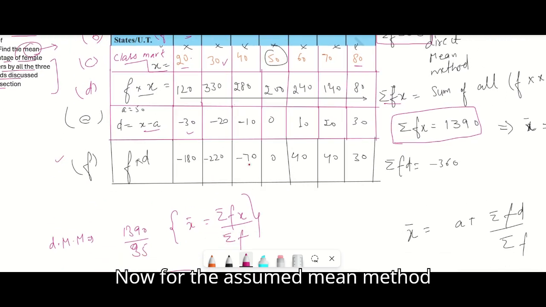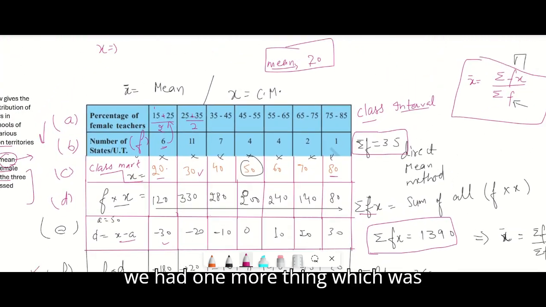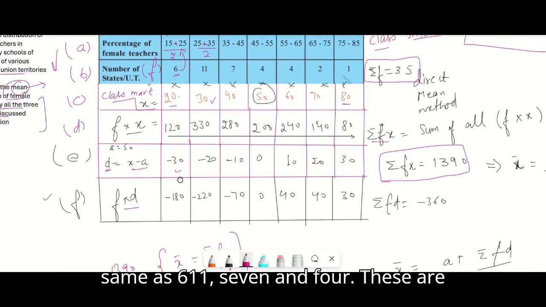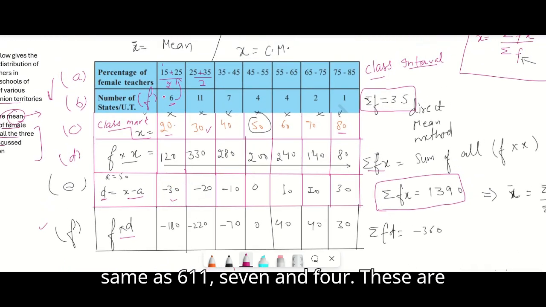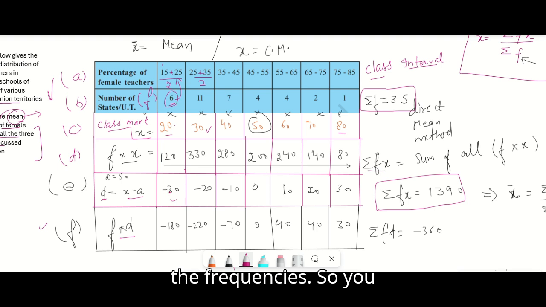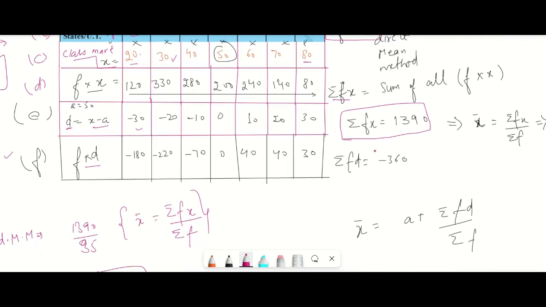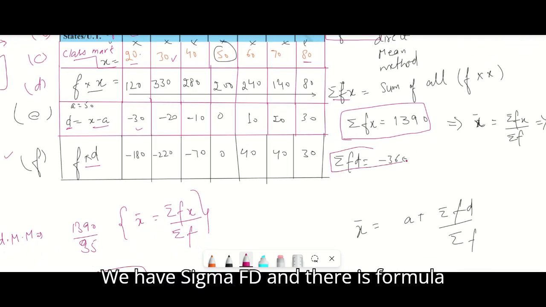Now for the assumed mean method, we had one more thing, which was fd. Sigma fd is f times d. The frequencies are the same: 6, 11, 7 and 4. You just multiply and complete the table. We have sigma fd, and the formula is written on the right side.